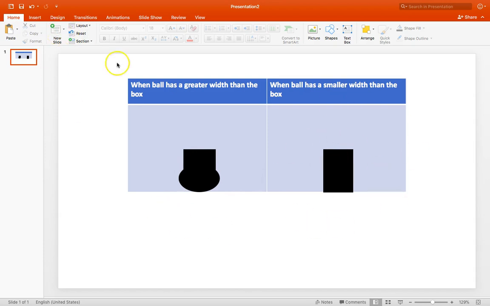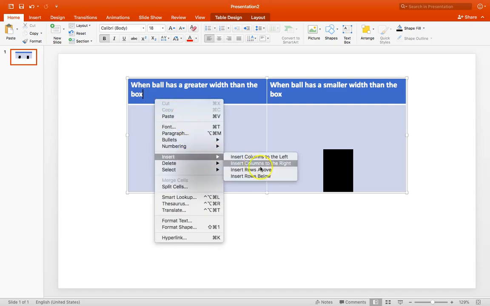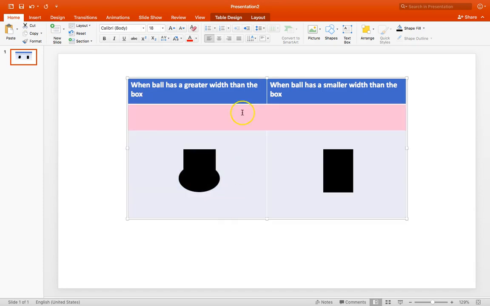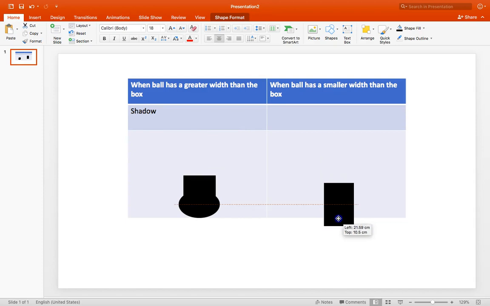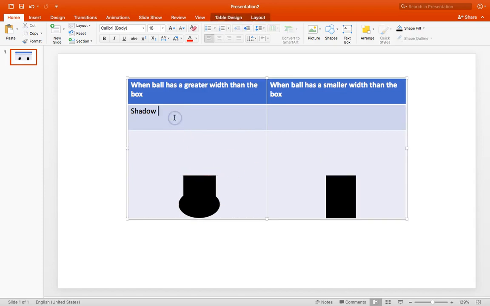So take note, the shadow must be at the bottom of the screen, like the position of the objects.